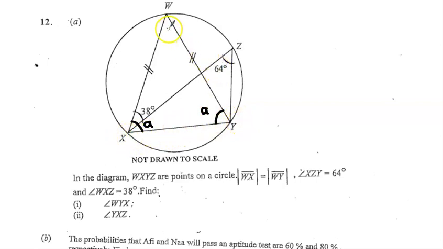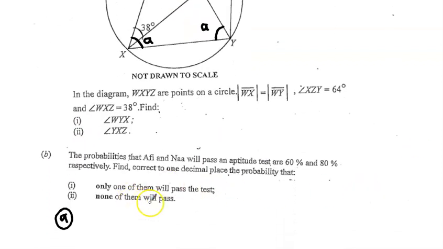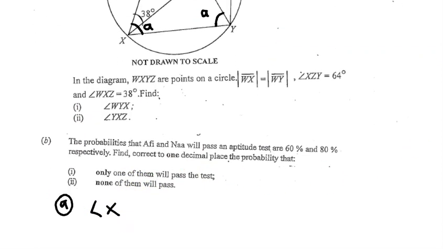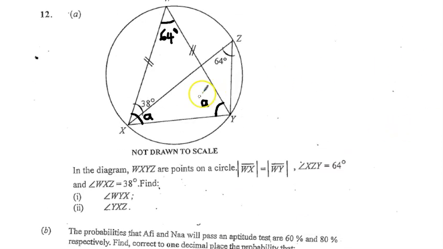This angle and that angle are on this segment, and the angles on the same segment are the same. So this angle too is 64 degrees. So the angle XWY is also equal to 64. The reason being that angles on the same segment are the same.